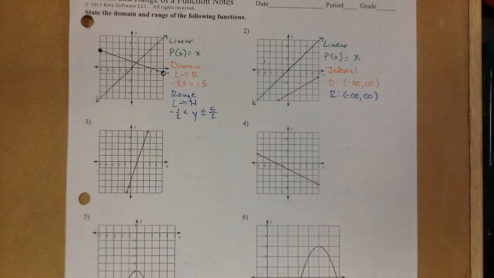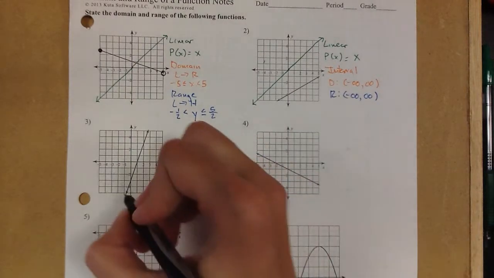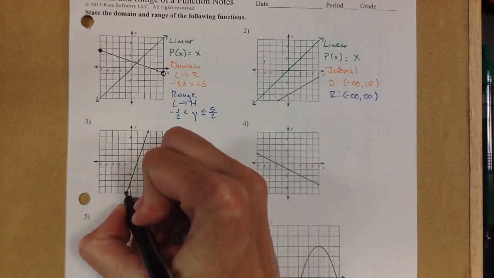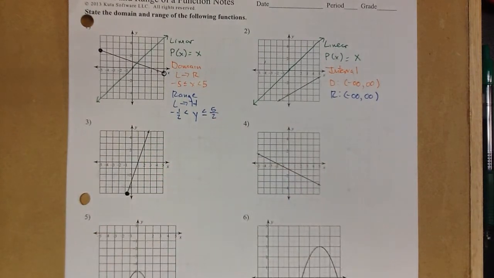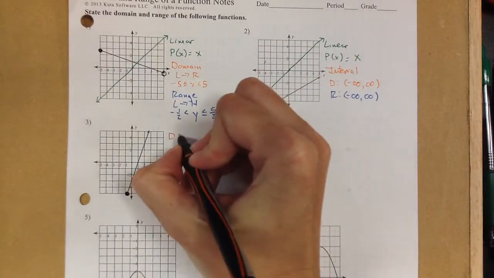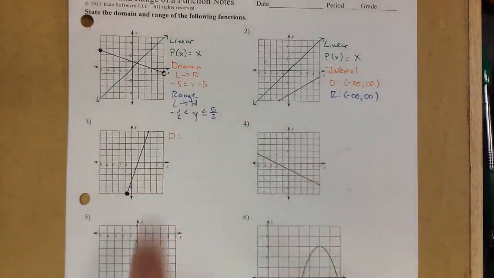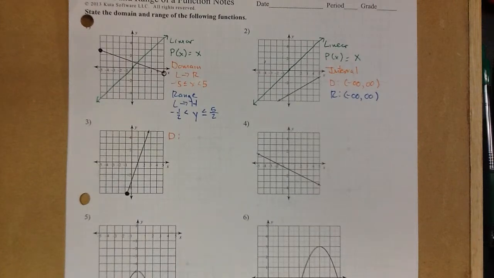So now on number 3, we're going to put a point, a closed point, down at the bottom of that graph. And I'm going to write it in both notations. If I want to write the domain for this linear equation, what would my domain be using inequalities?